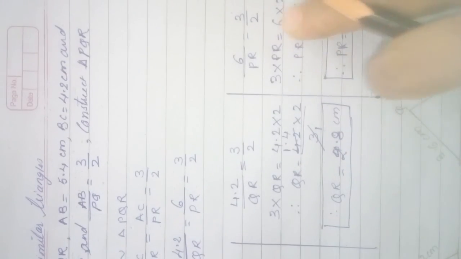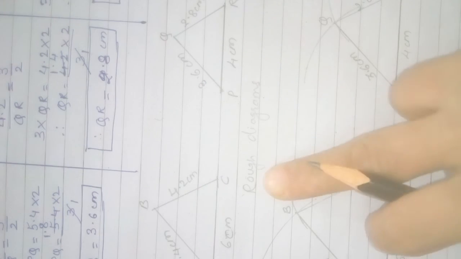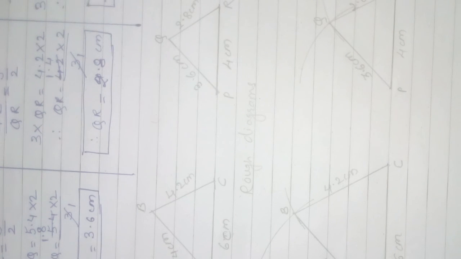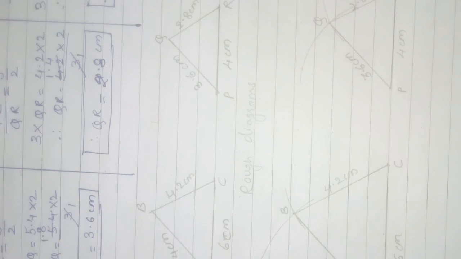Using that we find the sides of the other triangle, and accordingly we draw 4 different figures: 2 rough diagrams and 2 final figures. Again I am repeating, children, that while doing construction you always have to draw a rough diagram. Measurements are necessary in rough diagrams as well as final diagrams, so 4 diagrams are necessary, and always use sharp pencils while doing the construction. Thank you.